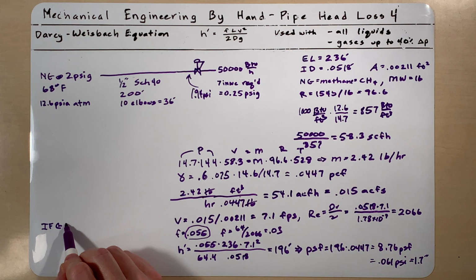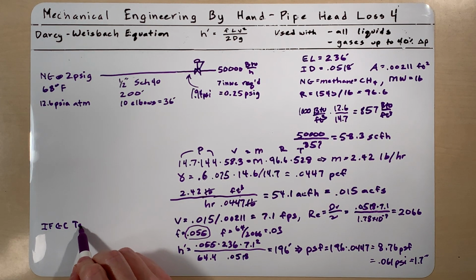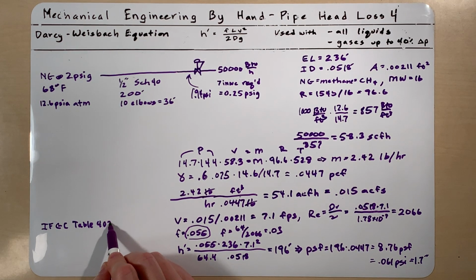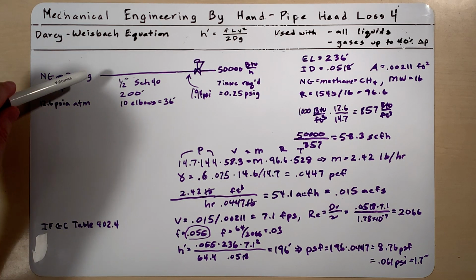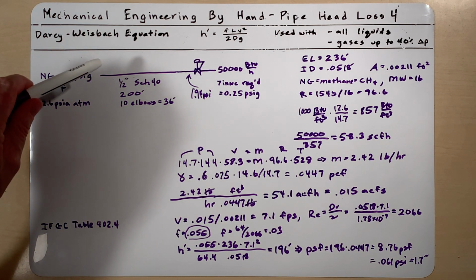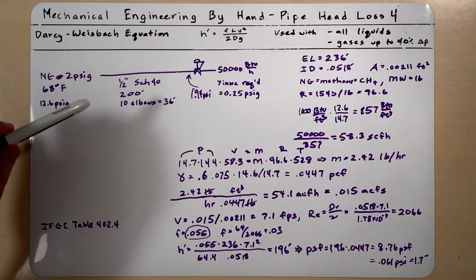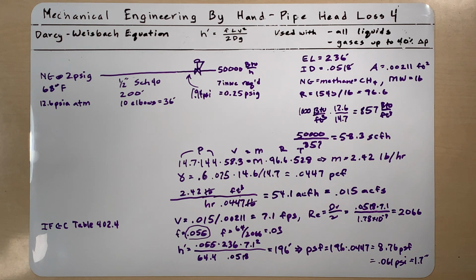They're called IFGC table 402.4, and they have different supply pressures and different pipe sizes, and then I think they go by lengths, like every 100 feet, how many cubic feet of natural gas can be pushed through that pipe with a certain head loss.